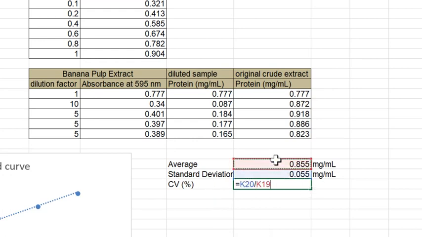So if I form this ratio and turn it into a percent value, good pipetting technique is typically considered if your coefficient of variation is less than 5%. 6.5% is a bit too high.